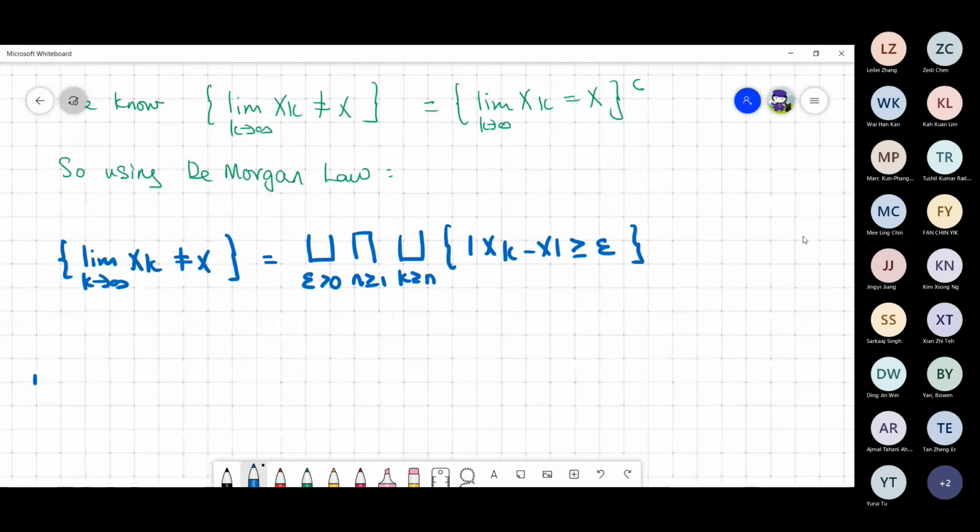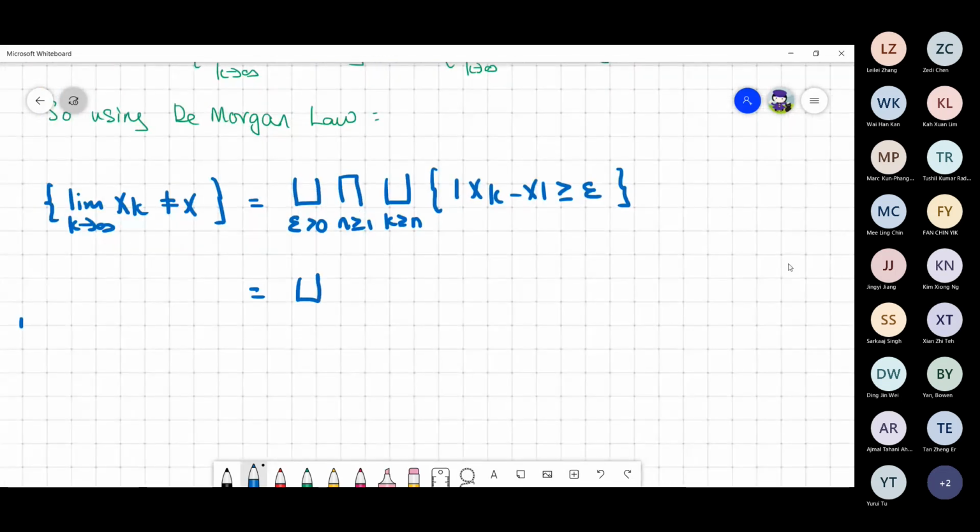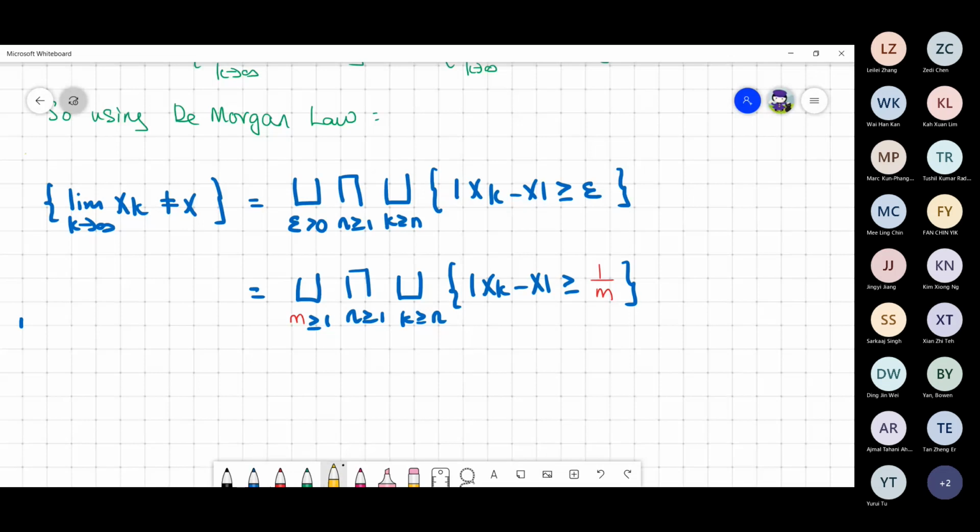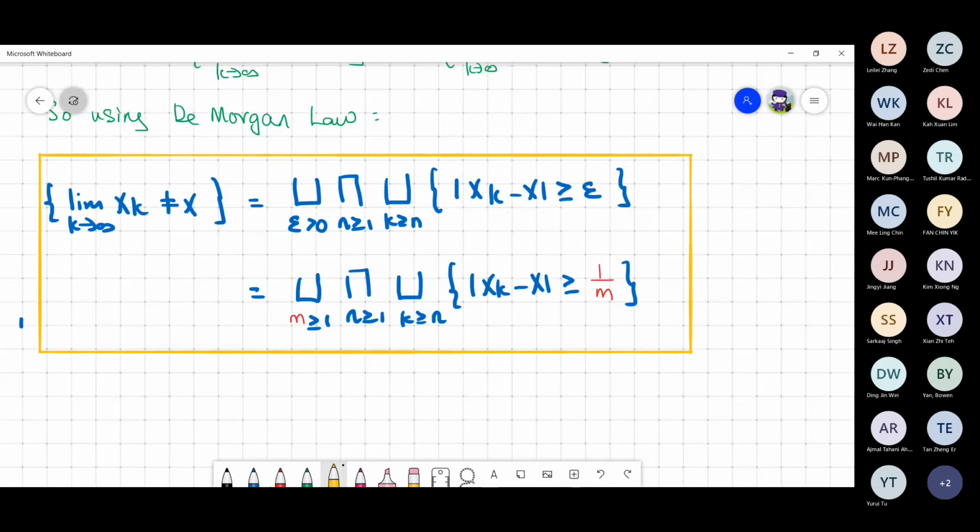So this one can also be expressed as this, union over m greater than or equal to 1, where instead of epsilon we replace with 1 over m. Okay, so this is the first relationship that we need to use.